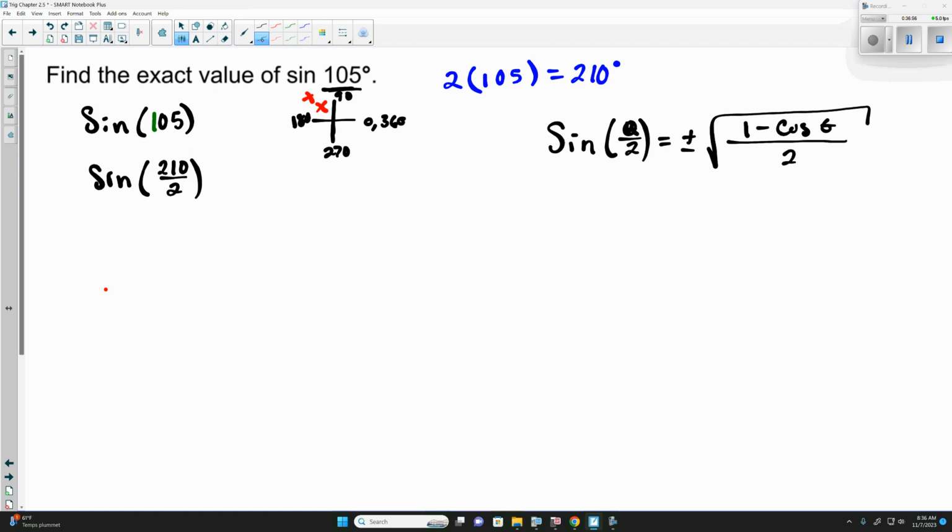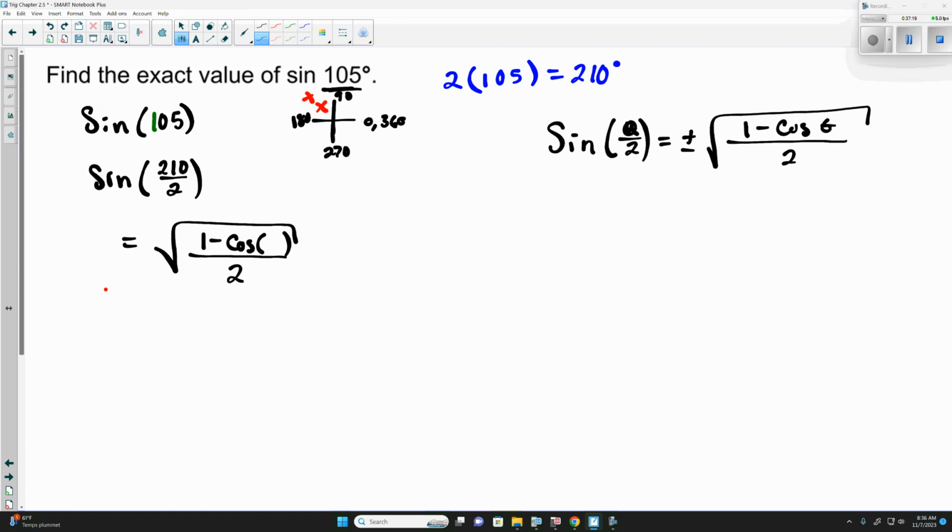So for this here, we have the positive square root, over 2. Now, 1 minus cosine of theta. And for our formula, we have sine of theta over 2.